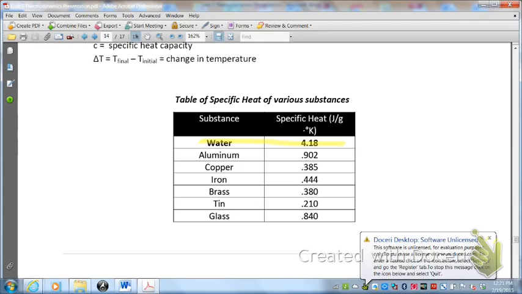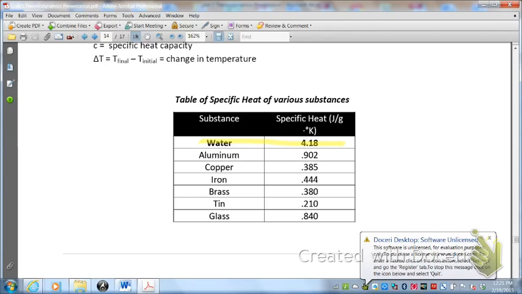The specific heat capacity of water is 4.18 joules per gram degrees Kelvin or Celsius. Okay, so you remember I said that you can interchange Kelvin or Celsius because we're only going up by 1 degree here. All right. So looking at this comparison, you'll notice that water has definitely a very high specific heat capacity compared to these other materials on this table.